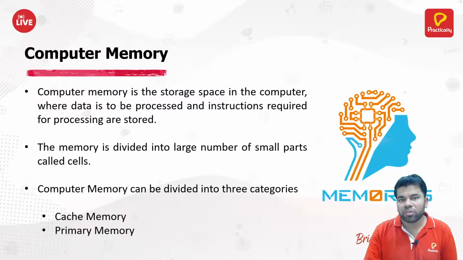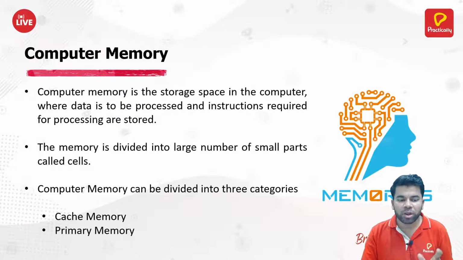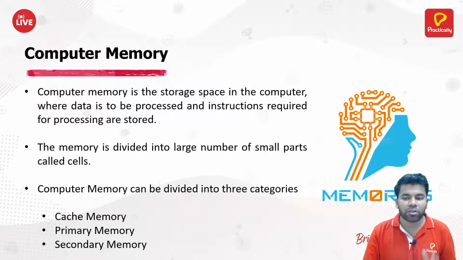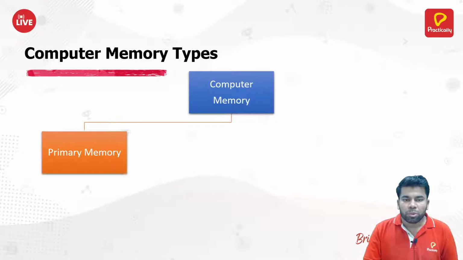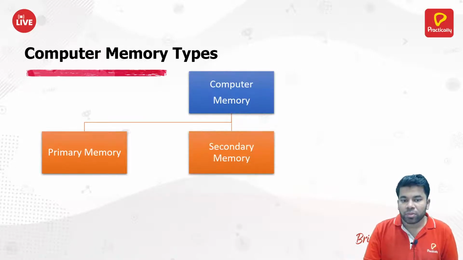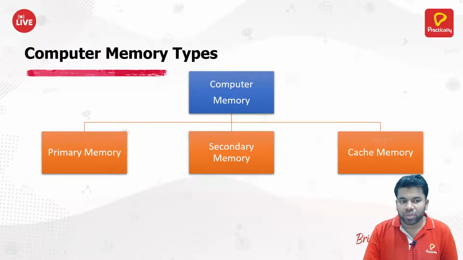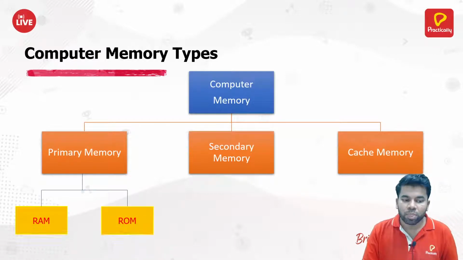So these can be divided into three categories. One is cache memory, another is primary memory, and the last is secondary memory. Let us discuss all these one by one. Memory is divided into primary memory, secondary memory and cache memory. Primary memory is in turn divided into RAM and ROM, random access memory and read-only memory.